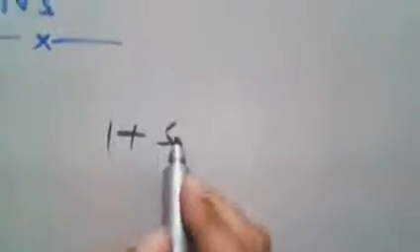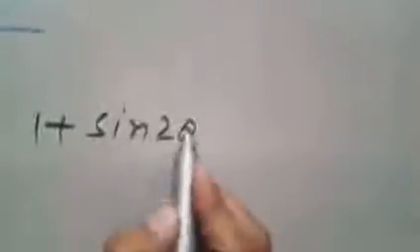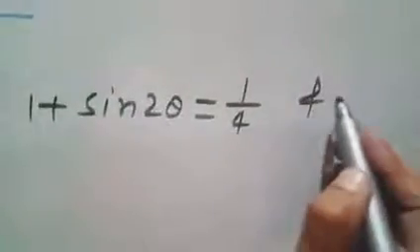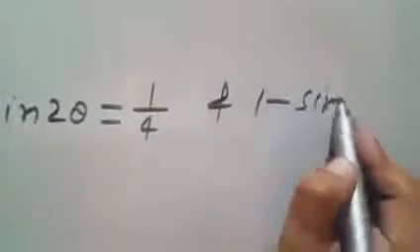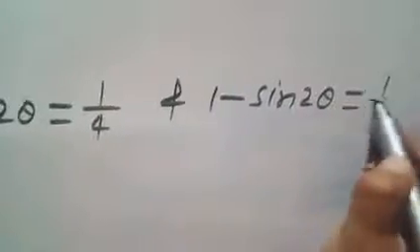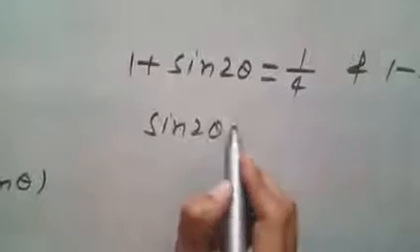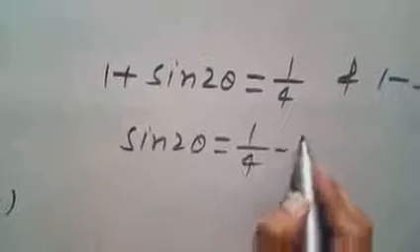Now we can take the positive sign and negative sign as well. So 1 plus sin 2 theta is equal to 1 by 4, and in the next line 1 minus sin 2 theta is equal to 1 by 4. So here sin 2 theta is equal to 1 by 4 minus 1.